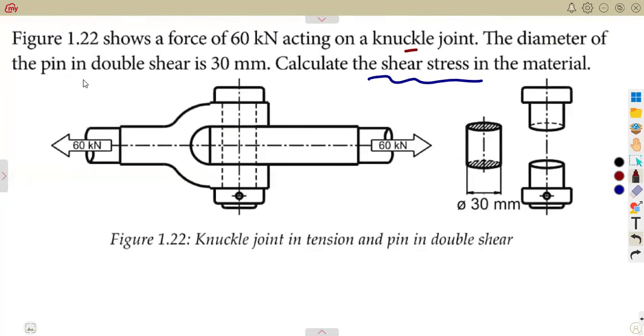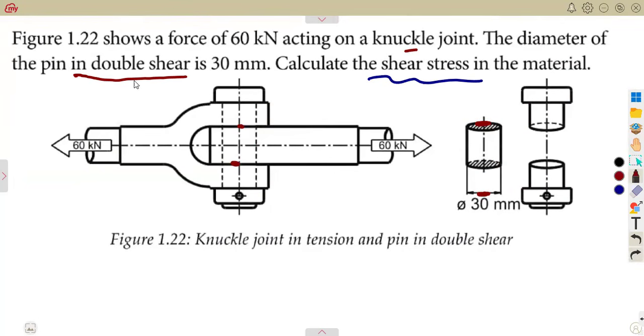The pin is in double shear. So there is a double part to be considered because of this. Two forces, okay? That is the way it is presented there. So being in a double, two areas are to be calculated. This area, there's another area. That is what they're just trying to illustrate.